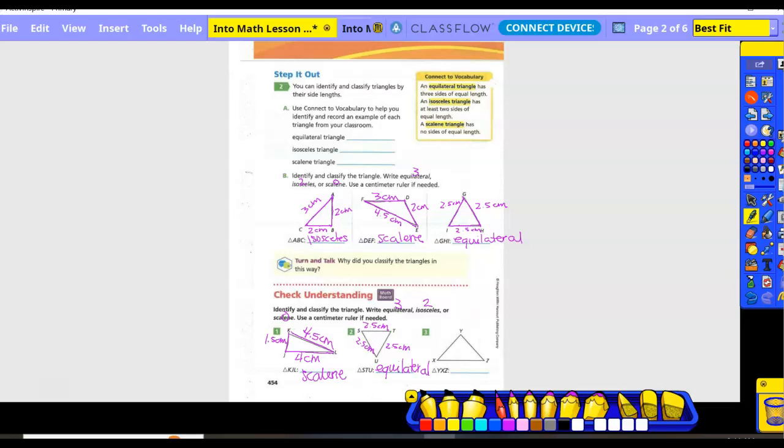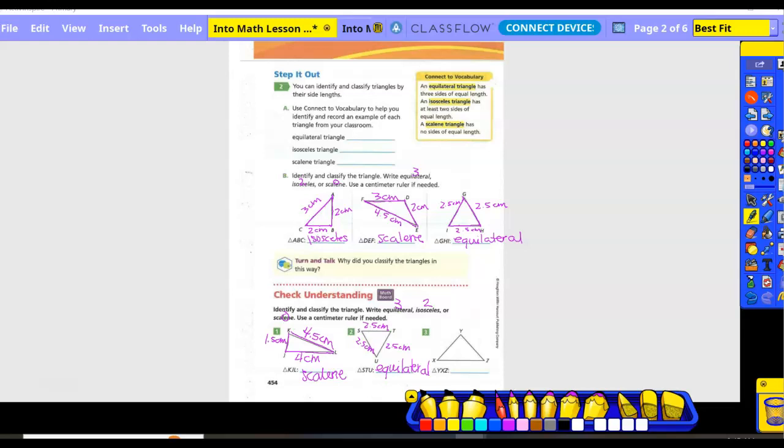Okay. Looking at number 3, just looking at it, what type of triangle do you think that is? Isosceles, maybe? Okay, take your ruler. Let's see what is XY. Okay, so when we look at that, we have our centimeter marking, but then we have all those little tap marks in between.